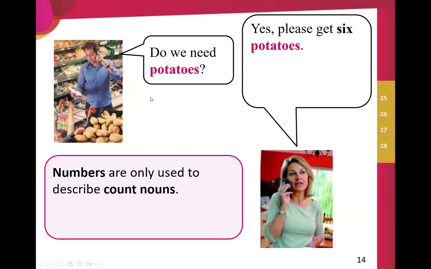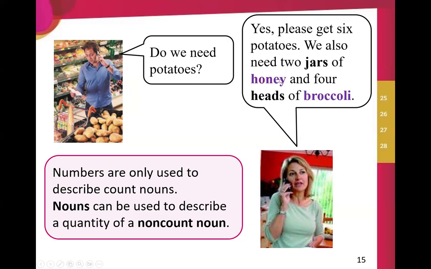Okay. Do we need potatoes? Potatoes here are countable nouns, which are plural now. Yes, please. Get 6 potatoes. So numbers are only used to describe count nouns, not non-count nouns. We need 2 jars of honey and 4 heads of broccoli.